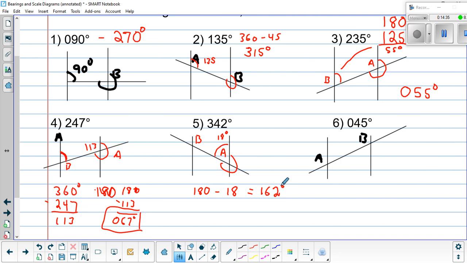And lastly, certainly not least, if this is 45 degrees, and A to B is 45 and we want B to A, we are going to have to do 180 minus off this 45, we get 135 degrees. And then we take that 135 off of our full 360. We need 225.